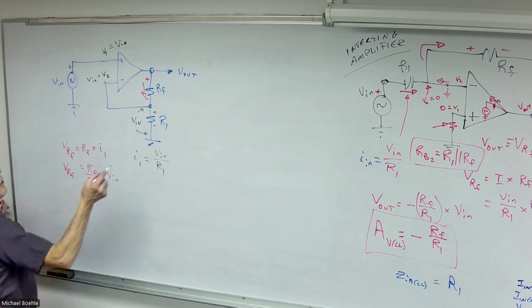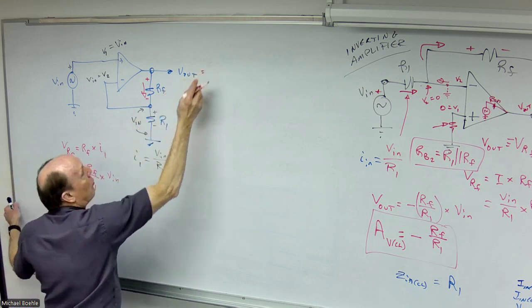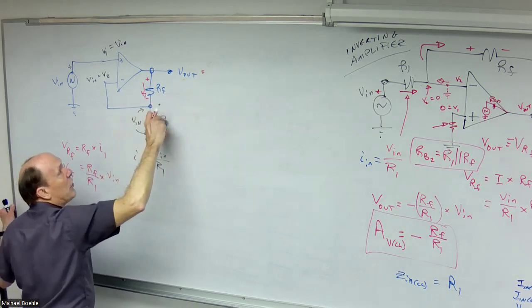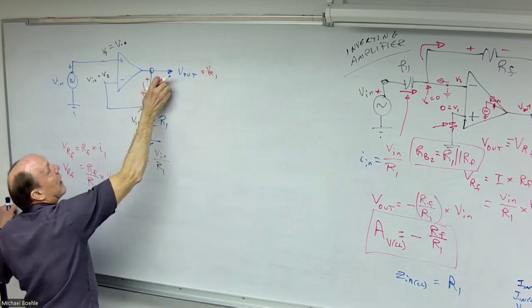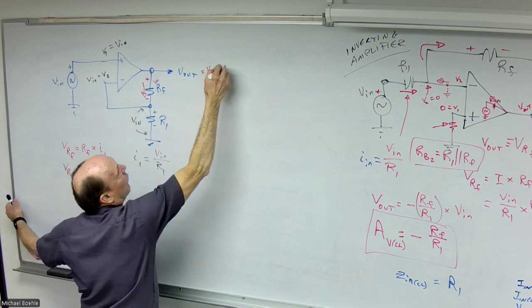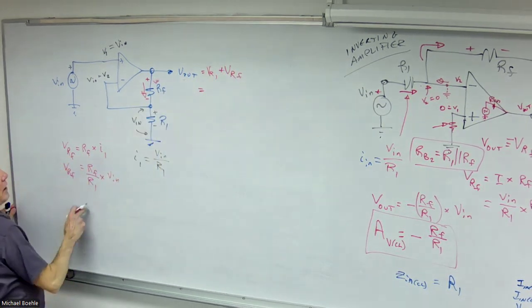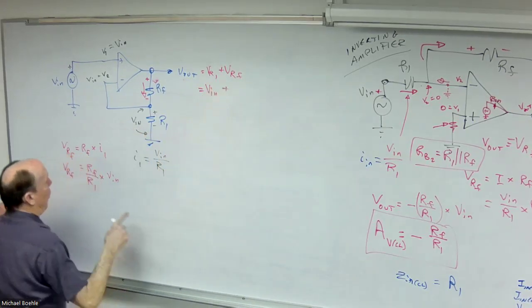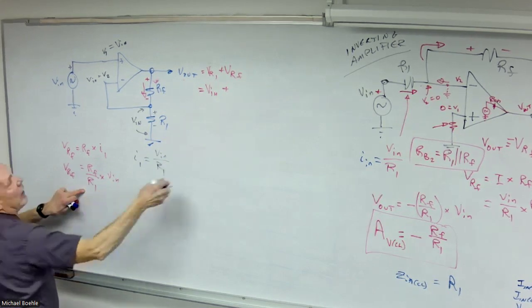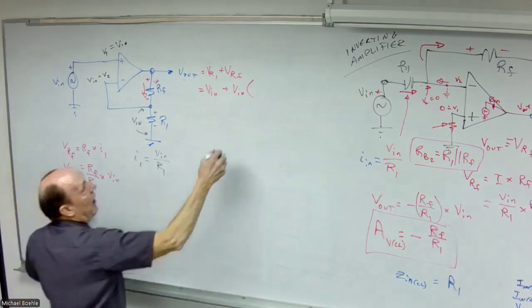Well, what is the output voltage? With respect to ground, the output voltage is voltage across R1 plus the voltage across RF. The voltage across R1 is the input voltage. Voltage across RF is the input voltage times RF divided by R1.